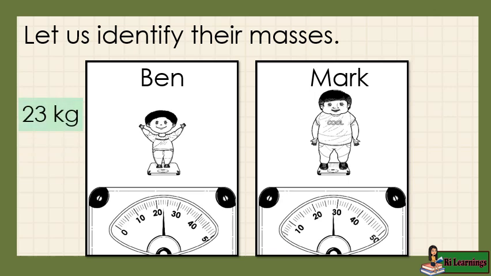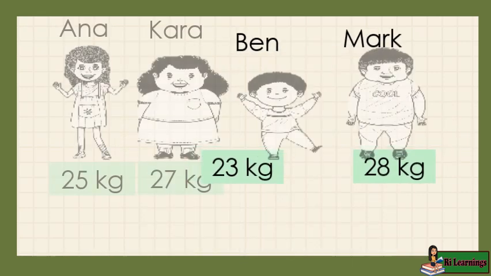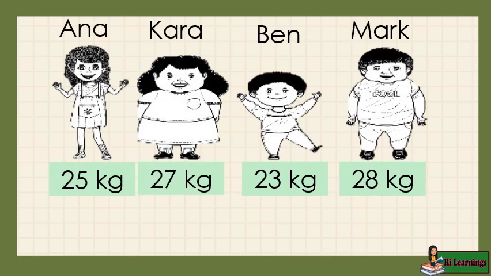What is the mass of Mark? Anna, 25 kilograms. Kara, 27 kilograms. Ben, 23 kilograms. Mark, 28 kilograms.